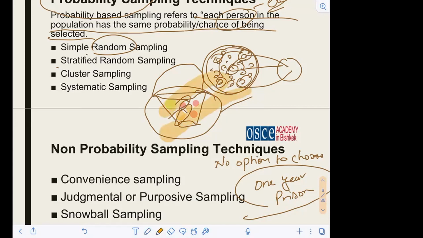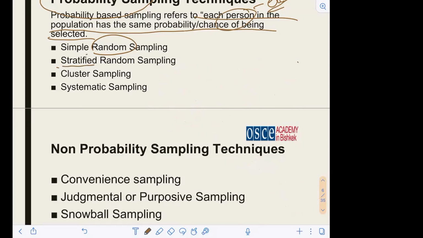Now the next is stratified sampling. Okay, what is stratified sampling? Where the data is already in strata. Firstly, you create groups. For example, in this one I did not create groups, but here I'm creating strata.